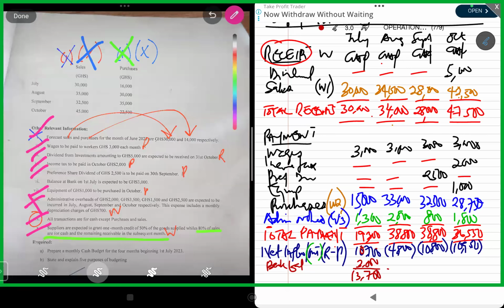I'll draw this single line, and I can draw it for all of them. So the balance at the end of July will become the opening balance at the beginning of August. Don't forget that the net outflow for August is 4,800.